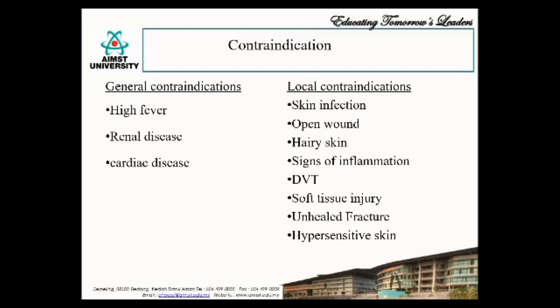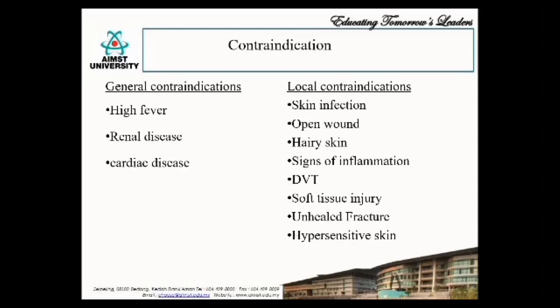Next is contraindications. Whenever you have more indications, there will be more contraindications also to look into. Okay, so I have already told you about this. You can divide the contraindications into general contraindications and local contraindications, then absolute contraindications and relative contraindications.